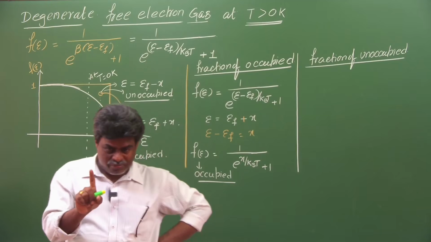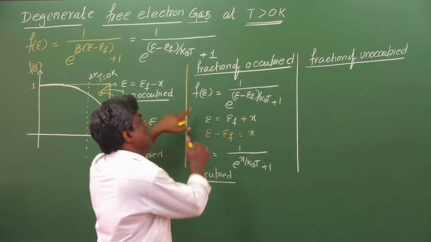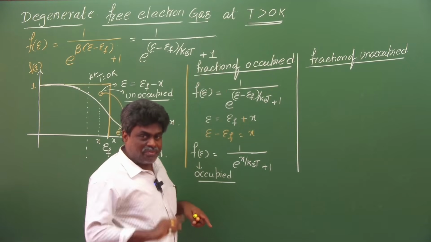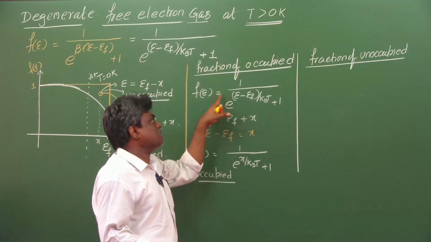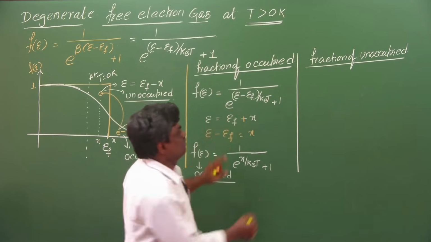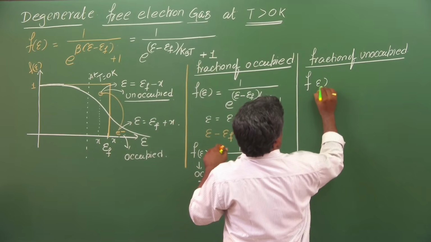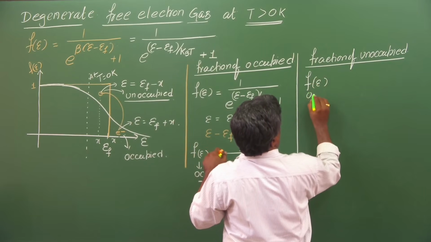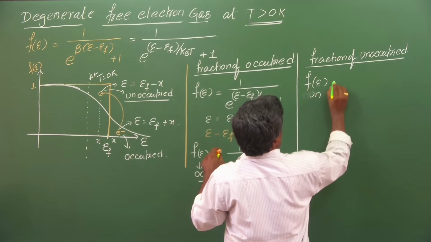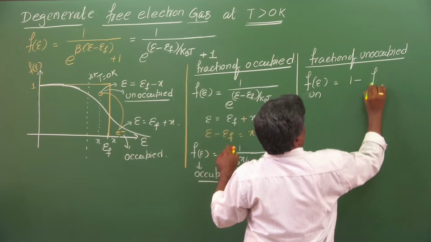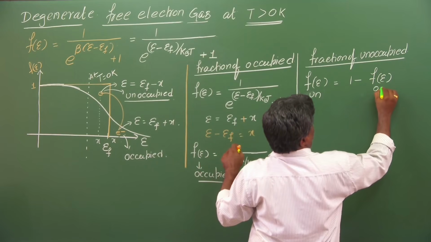So the fraction of unoccupied, f of E unoccupied, is nothing but 1 minus f of E occupied.